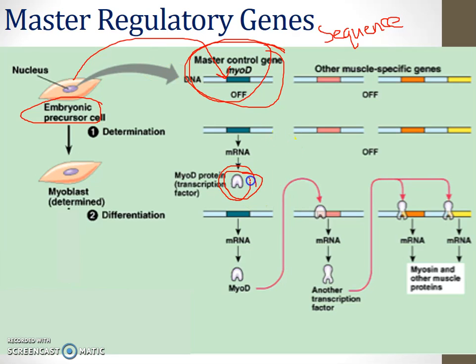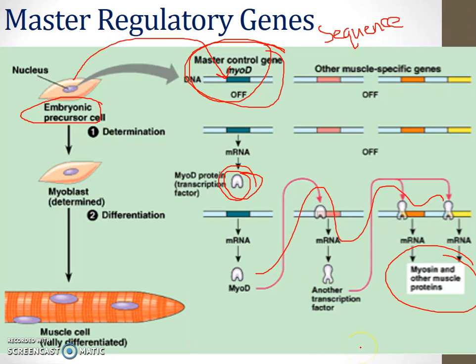Now, its protein product, once that master control gene is expressed, will lead to a series of events. These proteins are all going to be tissue-specific proteins that are going to lead to the differentiation of this cell becoming a muscle cell. So in this cell right here, its fate has been determined. It's going to develop into a muscle cell because this gene has been activated.